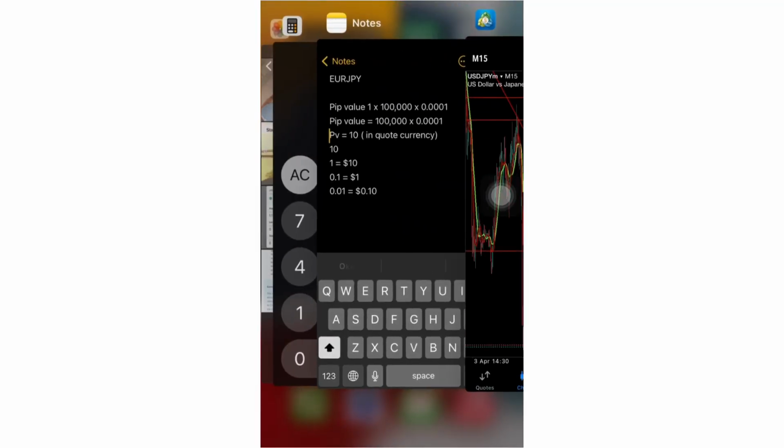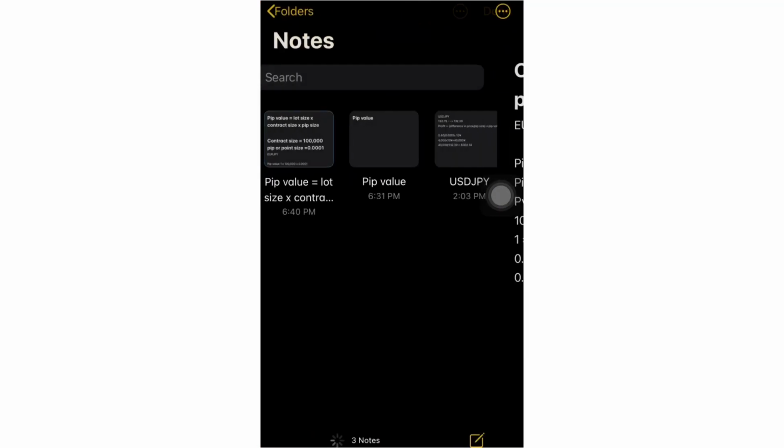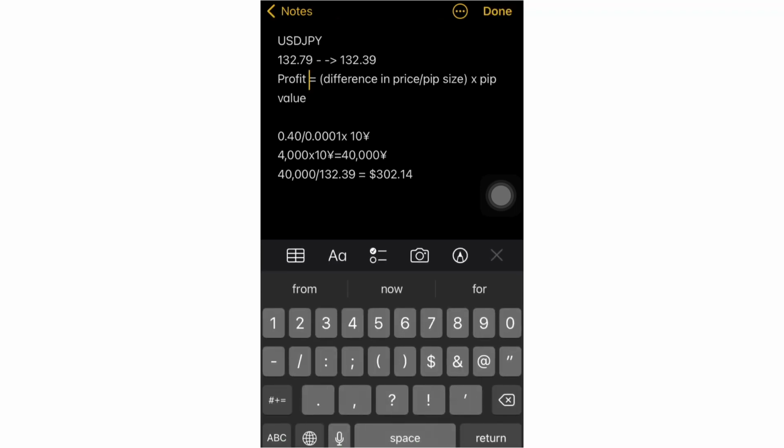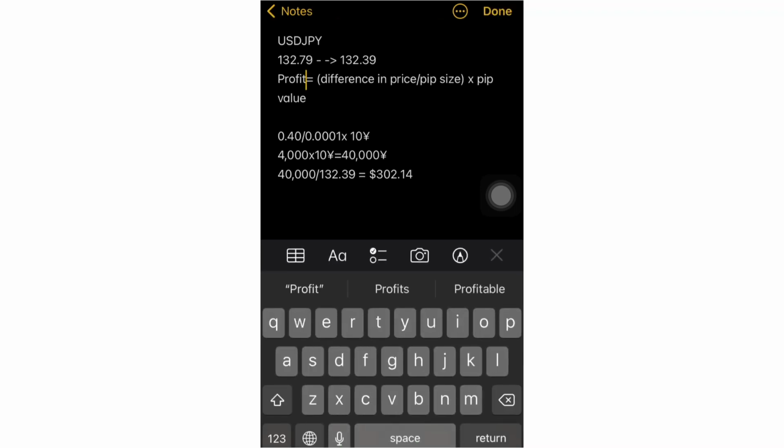The formula for profit and loss is this that you see. Profit and loss equals the difference in price divided by pip size times pip value.